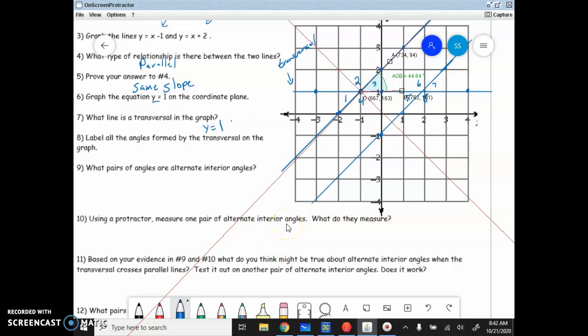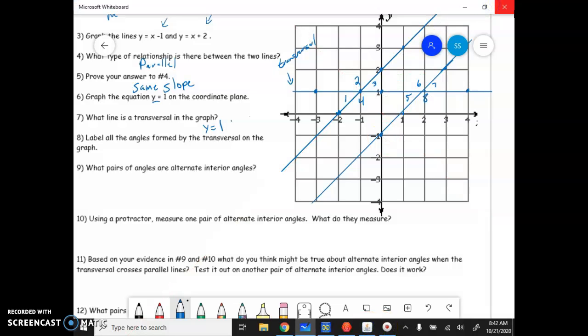I got 45 degrees for angle 3. The measure of angle 3 was 45.